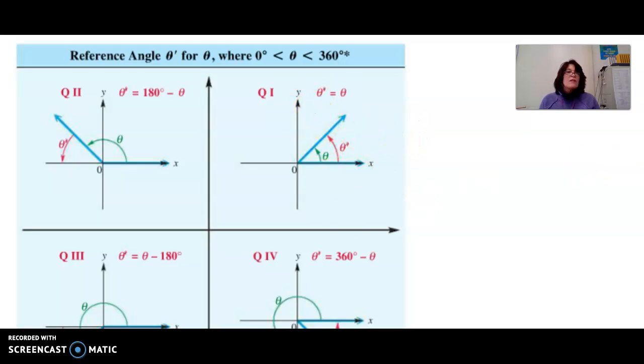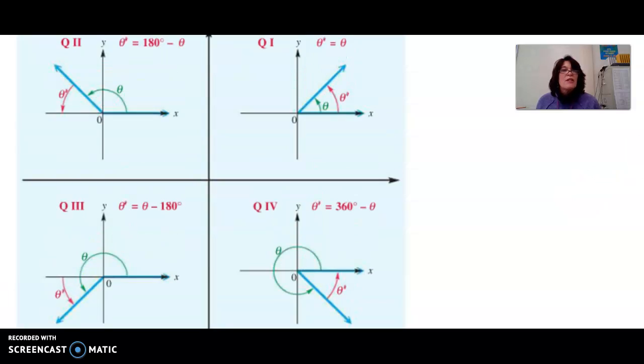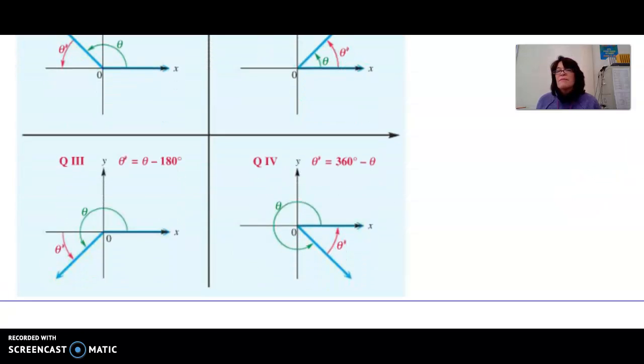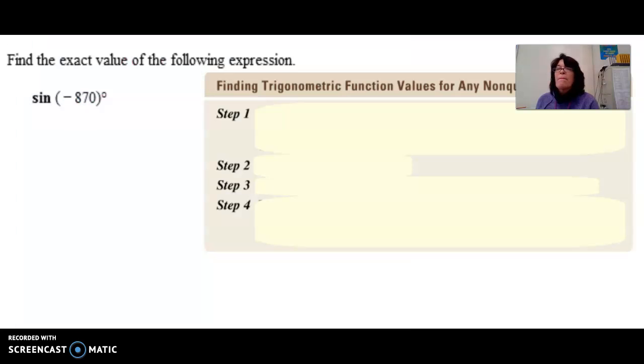When I'm in the first quadrant, there's nothing to do. It's just the same angle. Third quadrant, I take my angle minus 180. And the fourth quadrant, I take 360 minus my angle. It's what we just did, but this is the definition. It's in your book, or the instructions on how to find it depending on what quadrant I'm in.